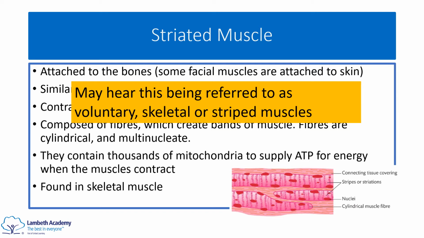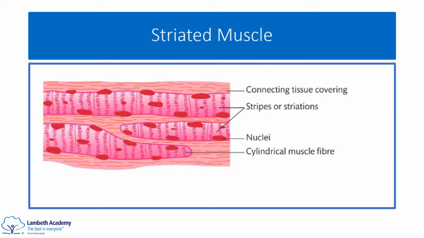Before we move on, I just wanted us to go into a little more detail about what a striated muscle is built from and what it looks like. If we look at this zoomed in picture of a striated muscle, the first thing that I want us to point out is the nuclei. We can see that there are several different nucleuses in each cell structure.